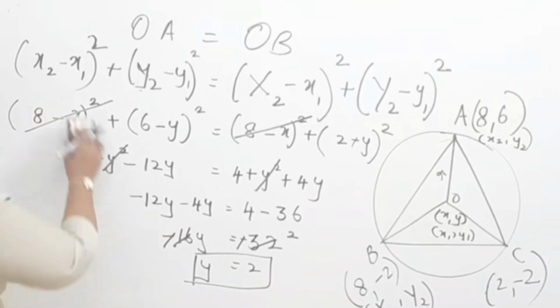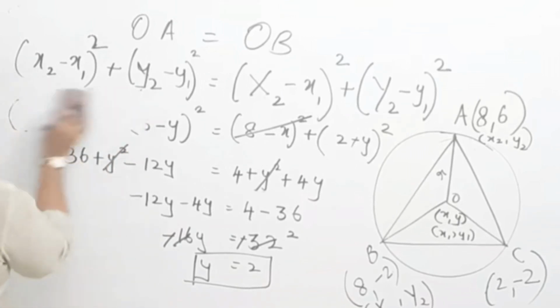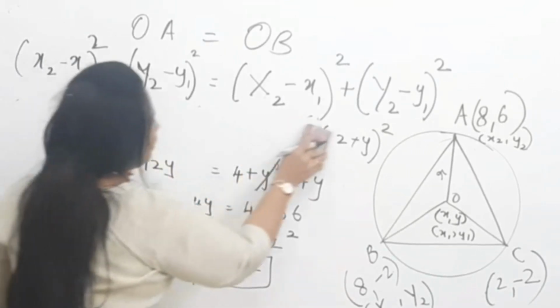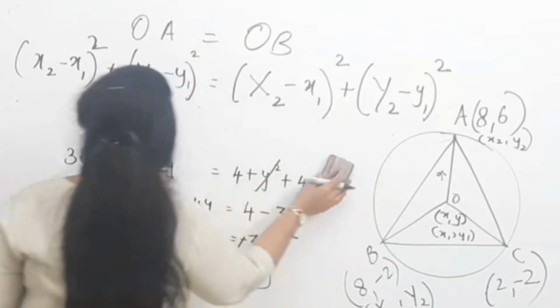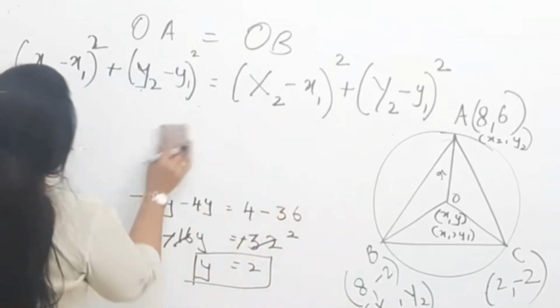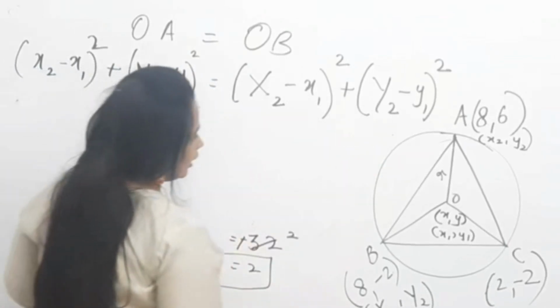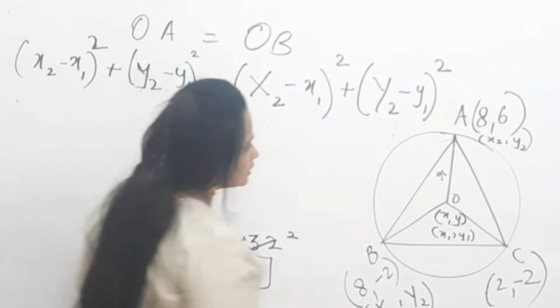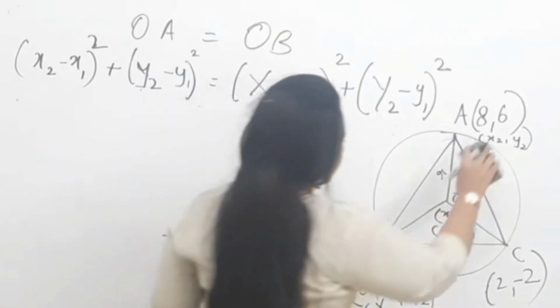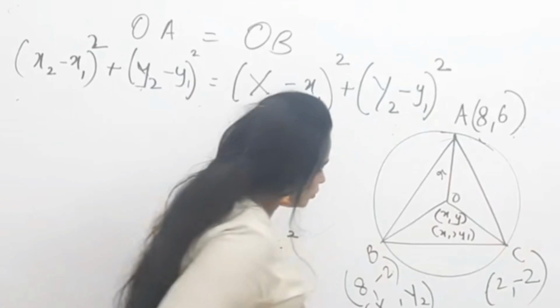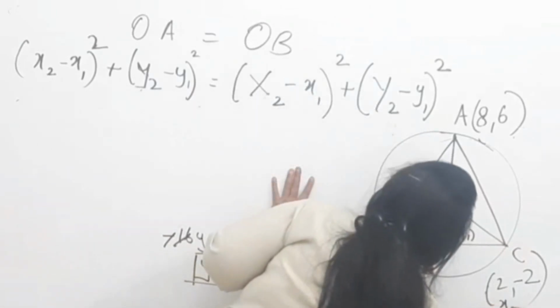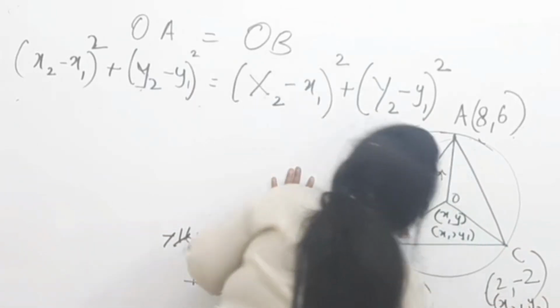So I will go for OB is equal to OC. So I would have my equation same as that, and just I would be changing this instead of this small x2 y2. I would take this one as small x2 y2.